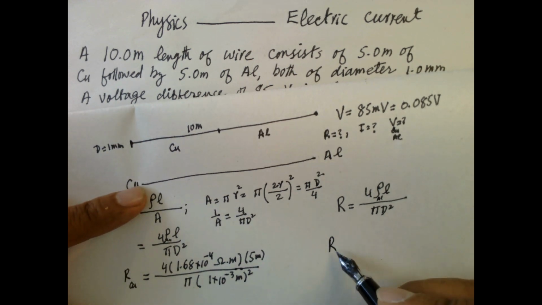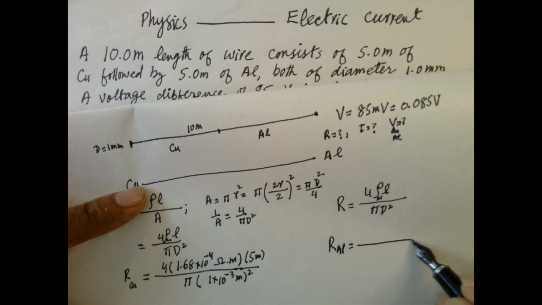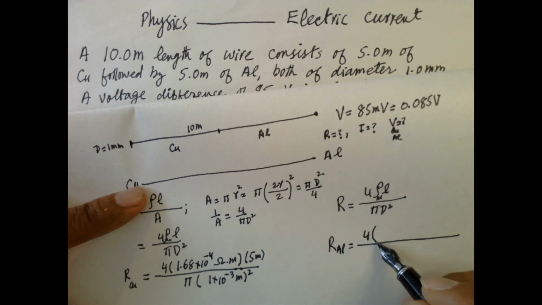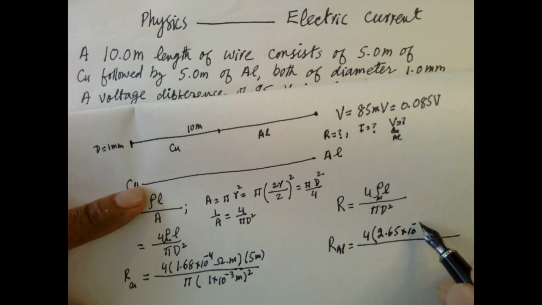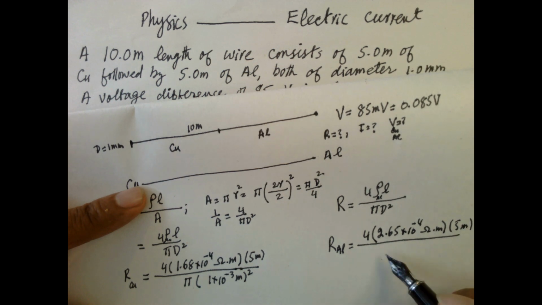Similarly, our aluminium is equal to 4 into resistivity 2.65 into 10 to the power minus 4 ohm meter multiplied by 5 meter divided by pi into diameter 1 millimeter, 10 to the power minus 3 meter, whole square.